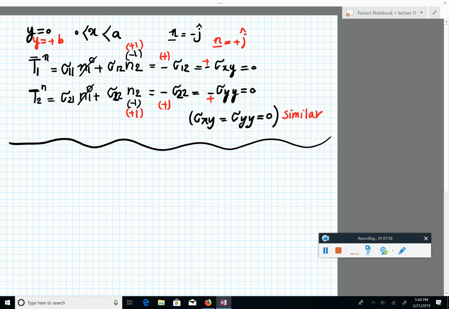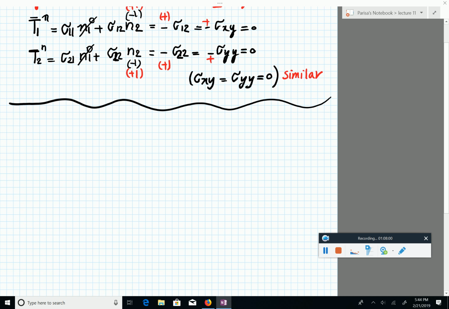So let's look at another problem. The fixed boundary condition and the traction are simple.